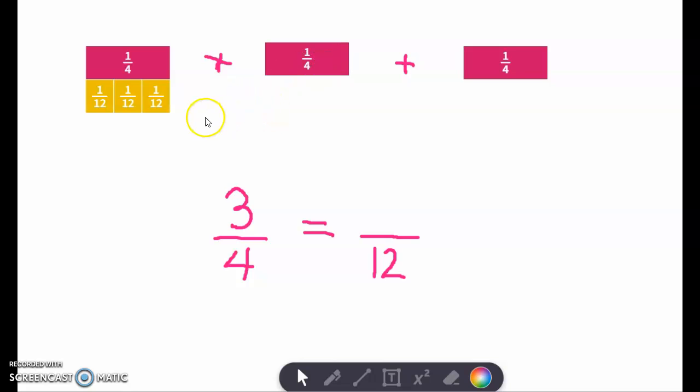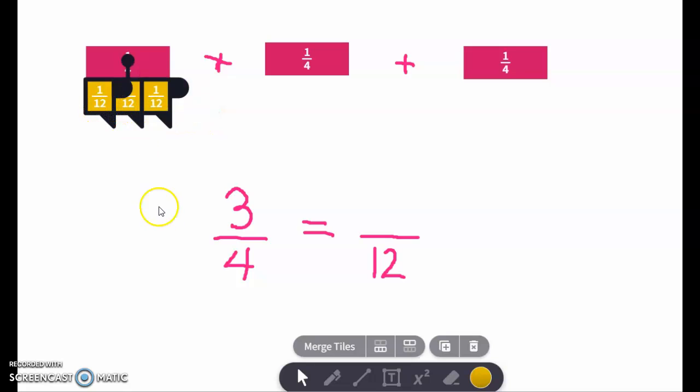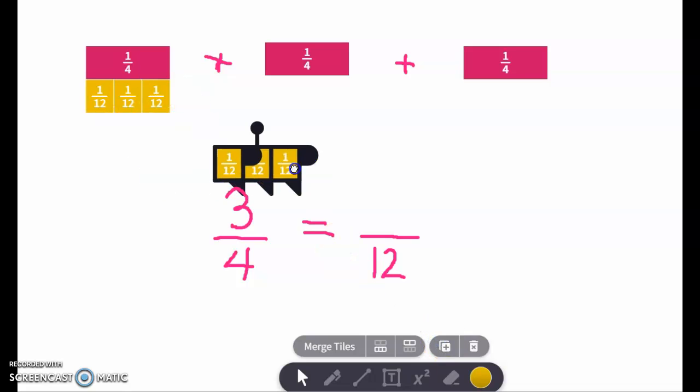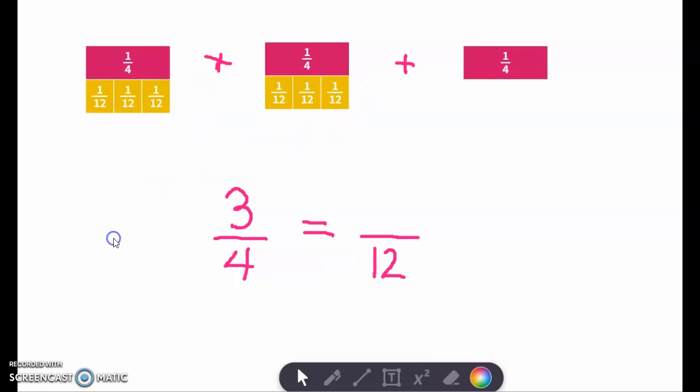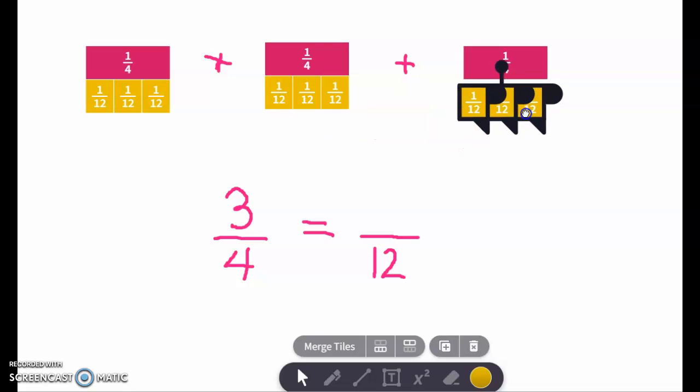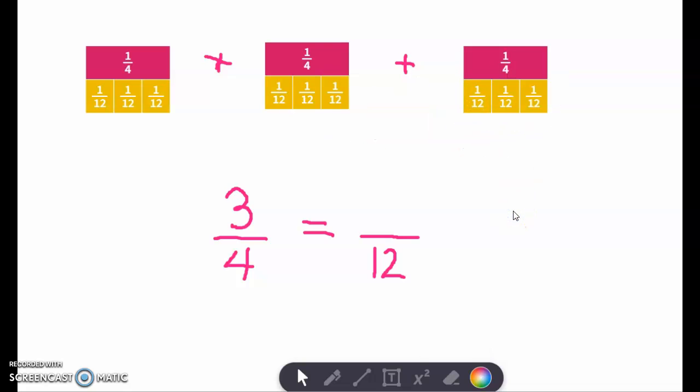So I think we could take these 3/12 and find 3 more. Now I'm just going to copy them on my screen, but I want you to find 3 more 12ths and put them underneath the other fourth piece. And then find 3 more 12ths and put them underneath the last fourth piece. Pause the video and do that now, please.